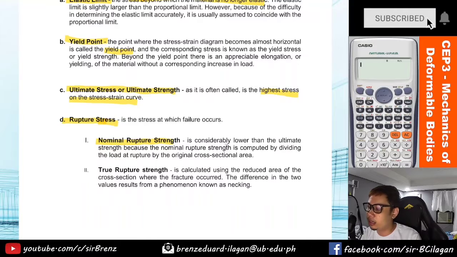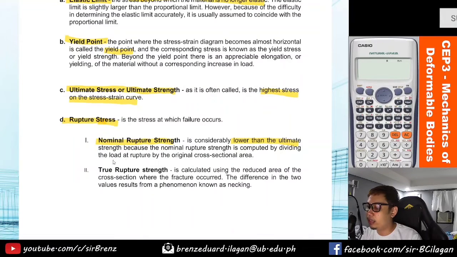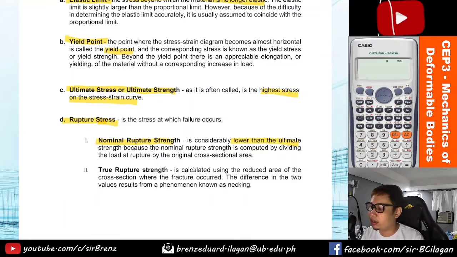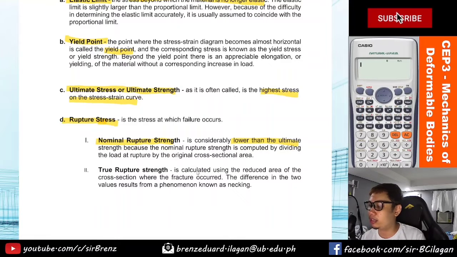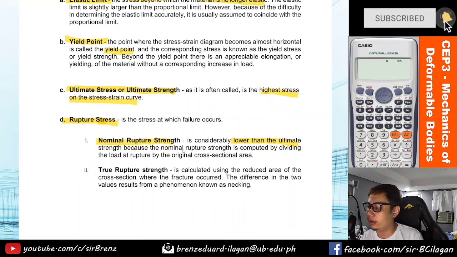So, this is considerably lower than the ultimate strength. Okay? Because the nominal rupture strength is computed by dividing the load at rupture by the original cross-sectional area. So, ang ginagamit dito sa nominal rupture strength is yung original cross-sectional area.